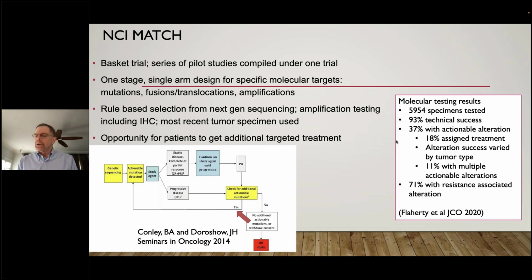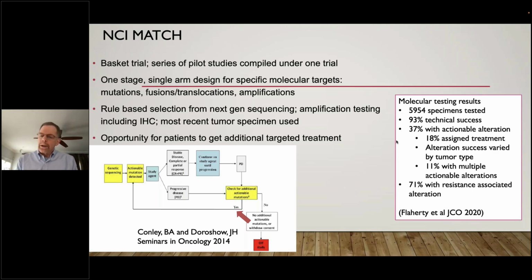So we do have results. Remarkably, nearly 6,000 specimens were tested. They had a 93% technical success in doing the molecular and immunohistochemical analysis, and they found that 37% had an actionable alteration, and they were able to assign treatment in just 18%. And 11% actually had multiple actionable alterations.